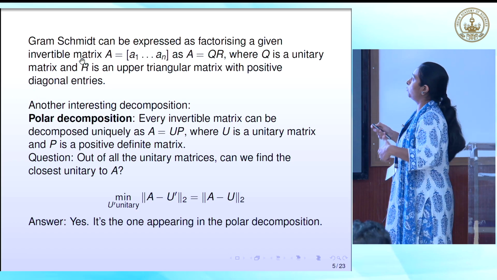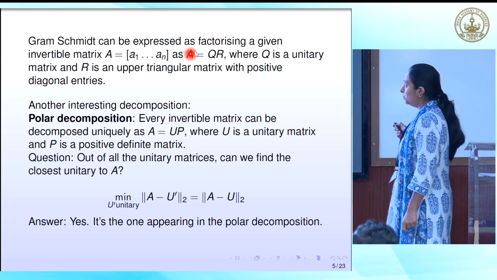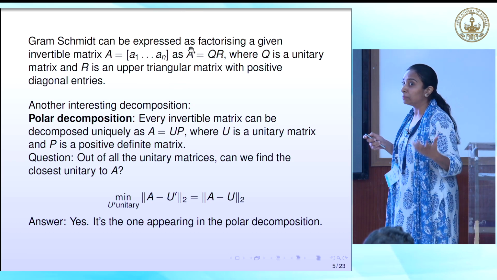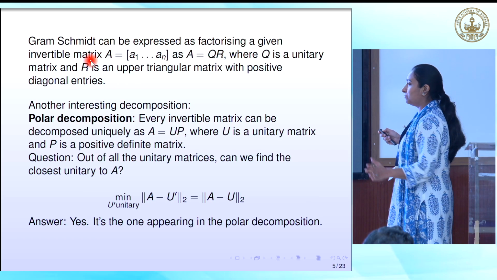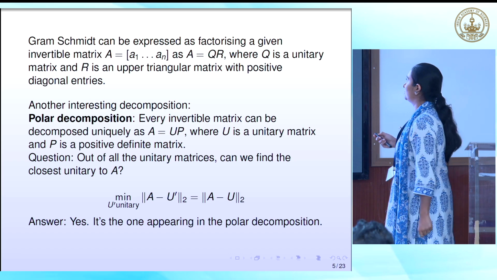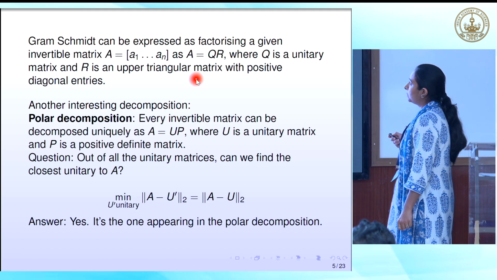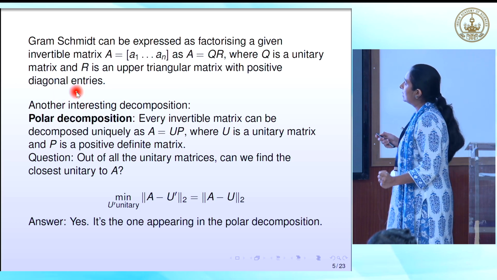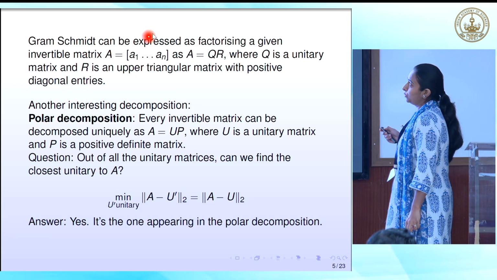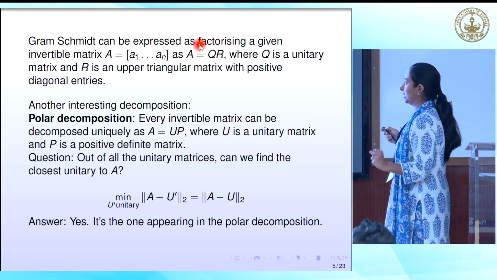Then what Gram-Schmidt actually does is give you a unitary matrix Q, which is basically your orthonormal basis, and an R, which is the remainder you get in the process of orthonormalization. If you impose the condition that R should be an upper triangular matrix with positive diagonal entries, then this factorization is unique.